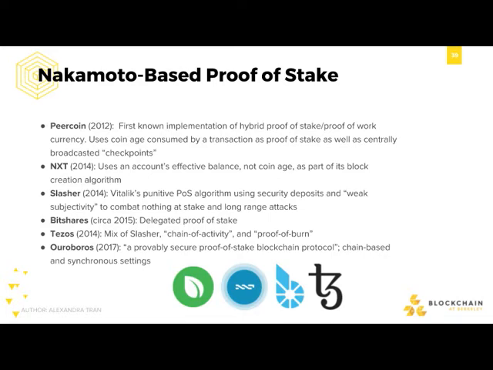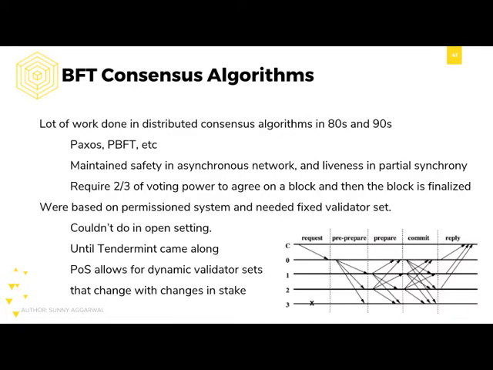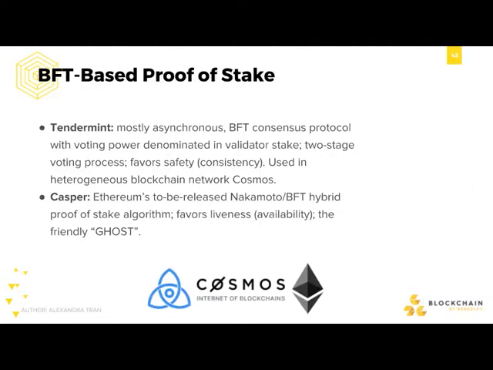All right, so I think I'm gonna skip over these next few slides because we don't want to spend too long on this, but we have this new idea of Byzantine fault-tolerant based proof-of-stake, and that's based off of these Byzantine fault-tolerant algorithms that we had since the 80s and 90s, like practical Byzantine fault tolerance.